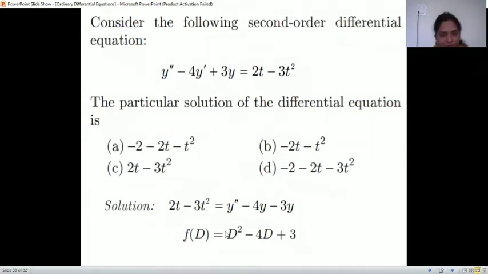A little hint is there for you, that is y double dash minus 4y dash plus 3y. For that we are writing (D square minus 4D plus 3)y is equal to 2t minus 3t square, and that D square minus 4D plus 3, this is your f of D, or you can say phi of D.